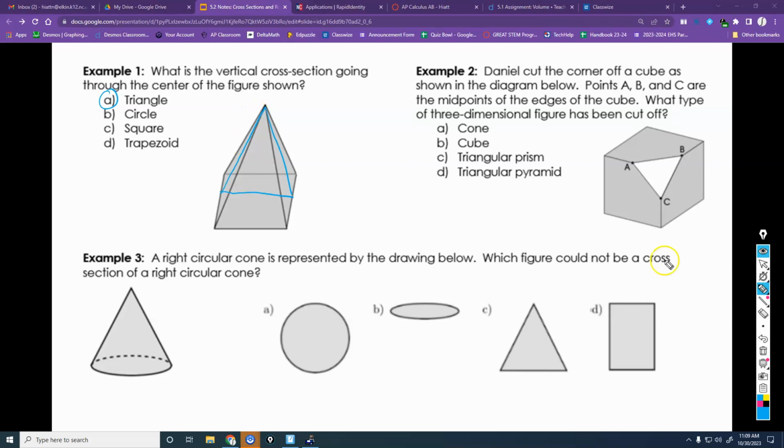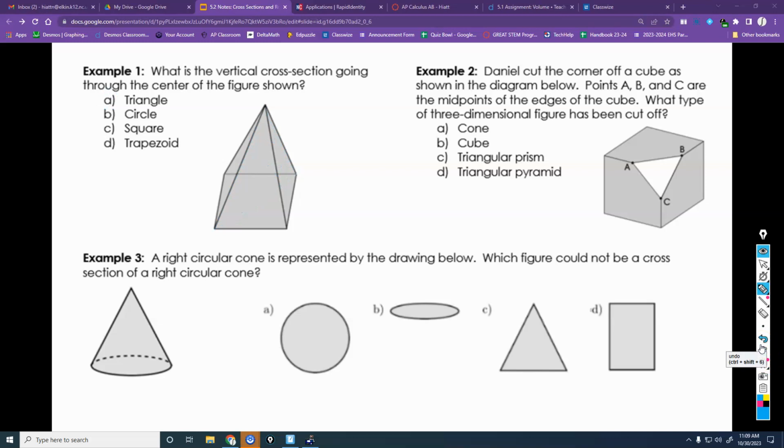Like cut it like this. It's a trapezoid still, I think. Oh, you mean like this? Yeah, you could cut it that way. I guess that'd still be through the center. That triangle.